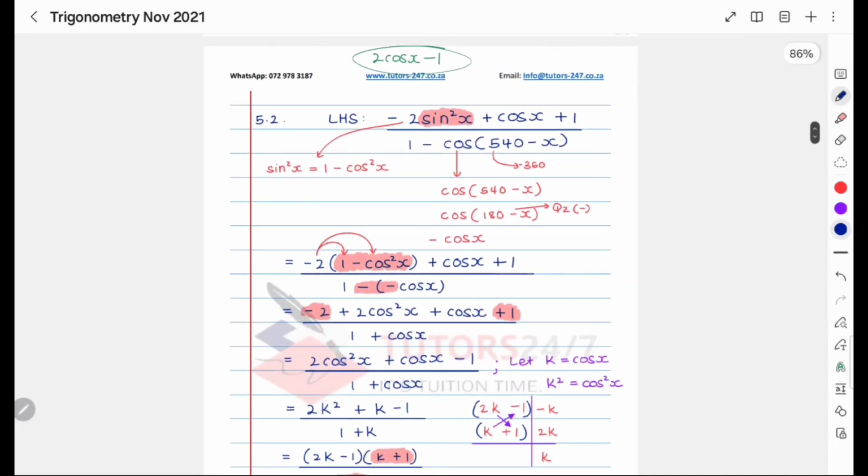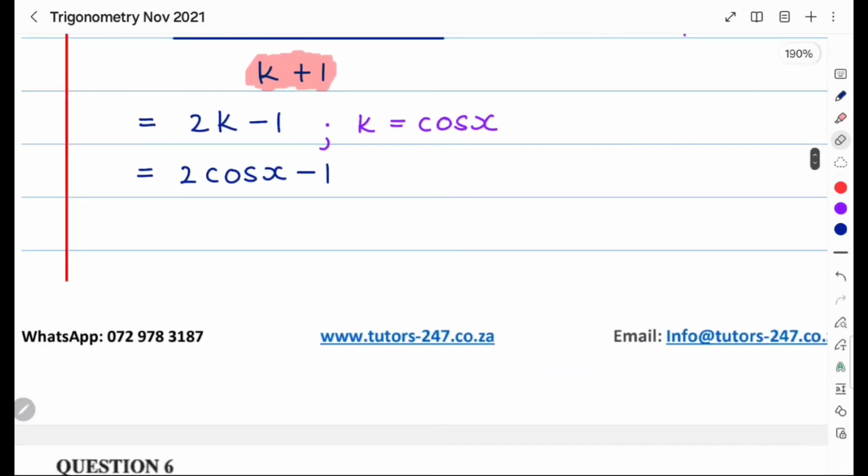And as you can see, that is what we were supposed to have originally. That is our right hand side, 2 cos x minus 1. So we can therefore state that the left hand side is equal to the right hand side.